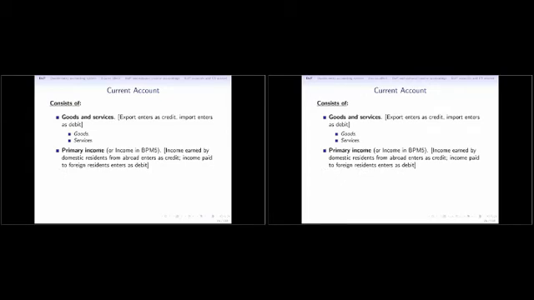And primary income is defined as income earned by domestic residents from abroad or income paid to foreign residents as well. Remember, you can work in a foreign country to earn some income, but foreigners can come here to work and make money. So it's two ways, depending on what you're talking about.